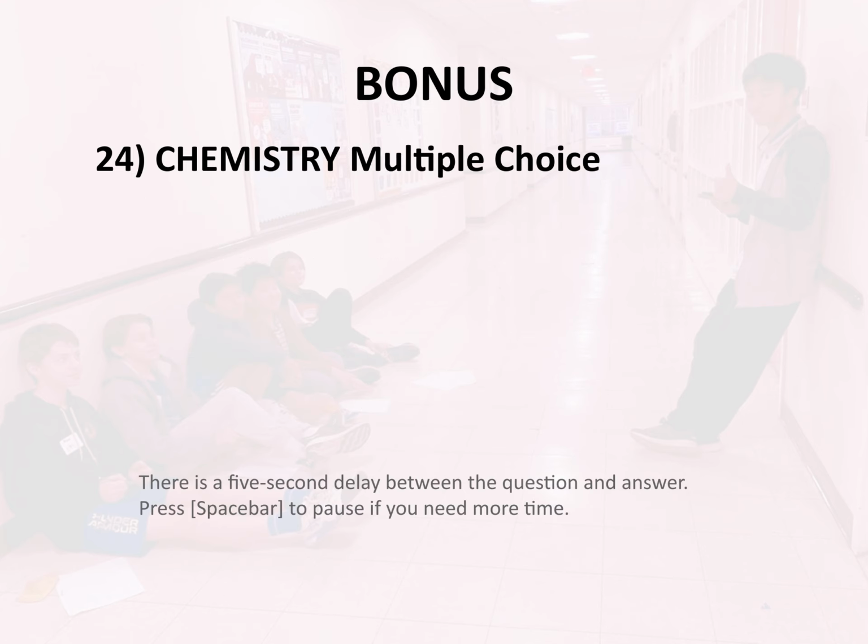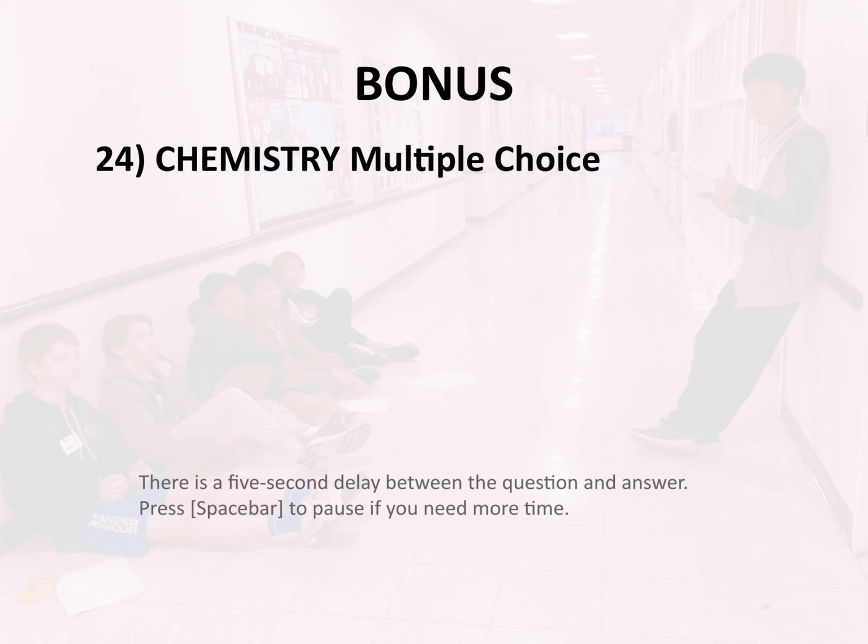Bonus, 24. Chemistry. Multiple choice. Converting carbon dioxide to carbon monoxide through reduction would be an effective method for reducing harmful levels of atmospheric carbon dioxide. However, this conversion is very difficult for which of the following reasons? W. There is a limited supply of rhenium in the world.